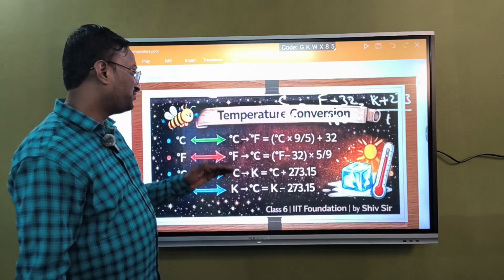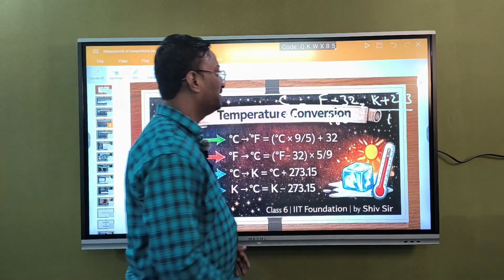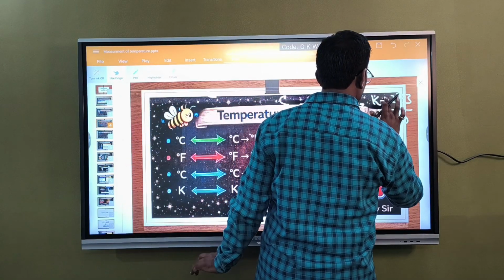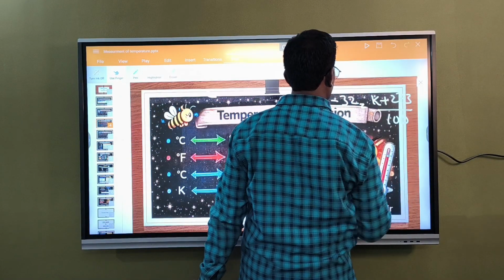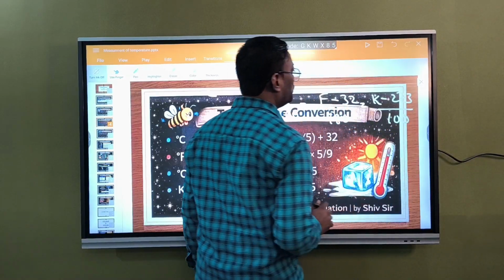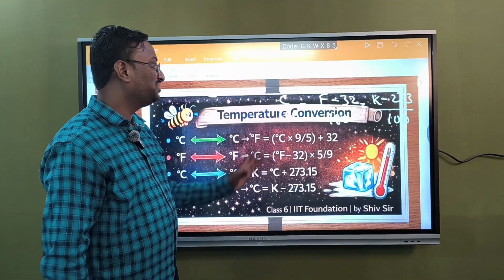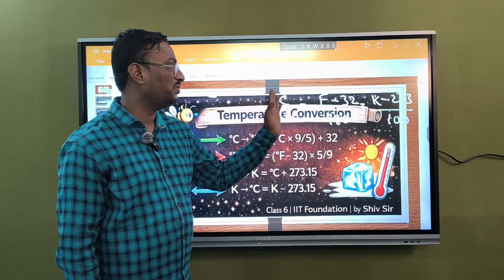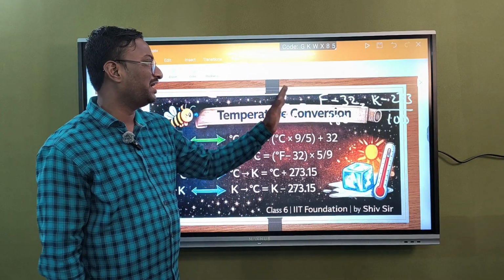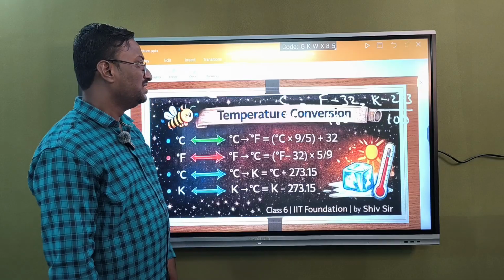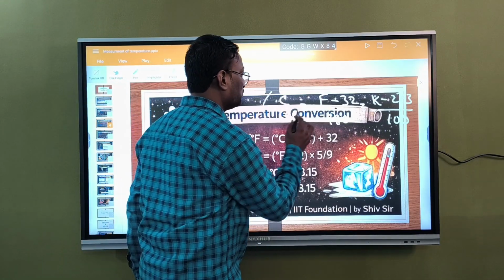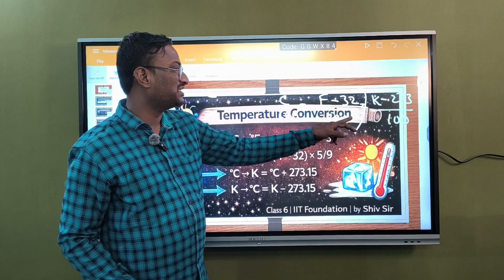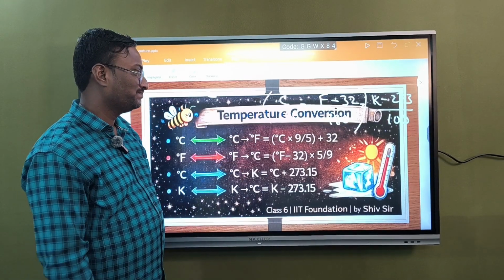So from this formula we can get K minus 273 by 100. This is the actual formula in order to convert from Kelvin to centigrade to Fahrenheit. See how we got this: you take these two things, C by 100 is equal to F minus 32 by 180.